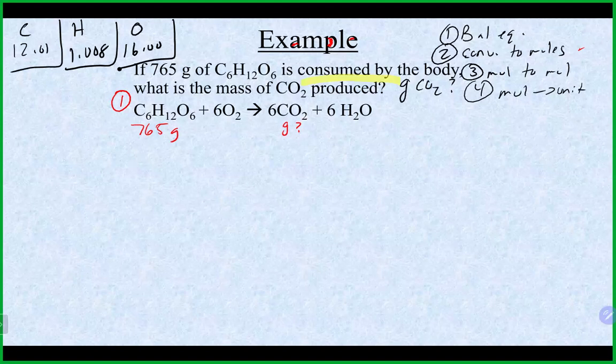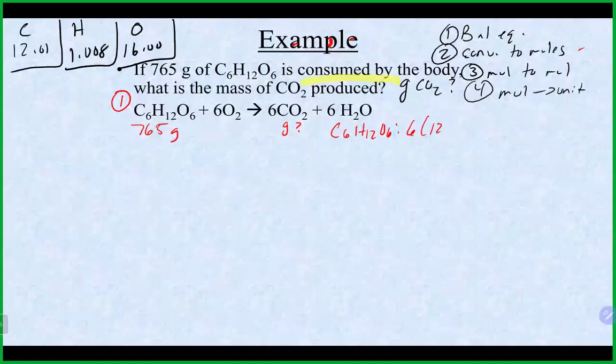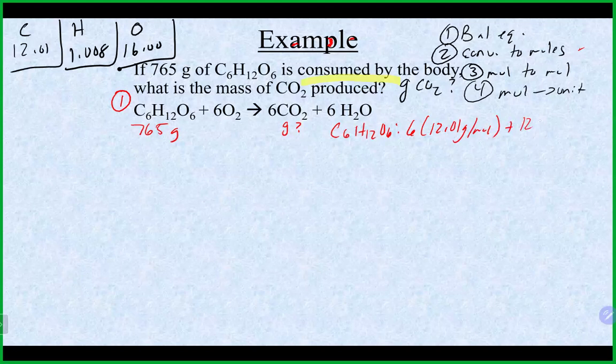So we do need the molar mass there of our C6H12O6. Go to the periodic table: 6 times our 12.01 for our carbon, plus 12 times our 1.008 for our hydrogen, plus 6 times 16 for our oxygen here. And that is going to get us 180.2, looks like.